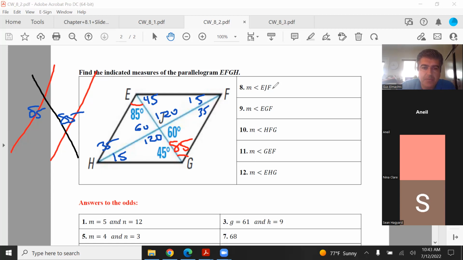So for EJF, that's 120. For EGF, that's 85. For HFG, that's 35. For GEF, that's 45. And EHG, that's 50.